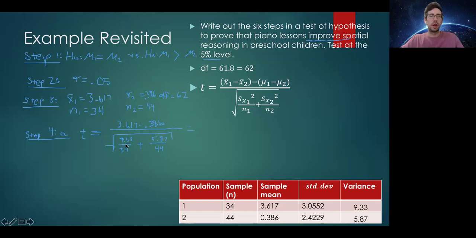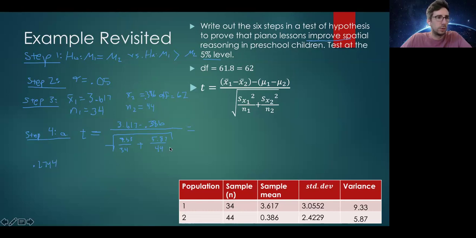And we calculated the standard error in the last video, so I'm going to do it quickly. So 9.33 divided by 34 is 0.2744.